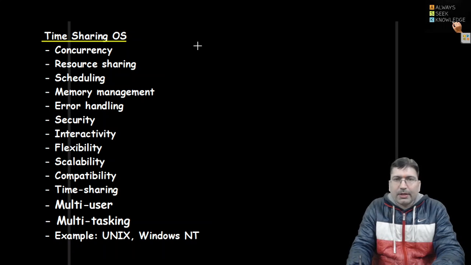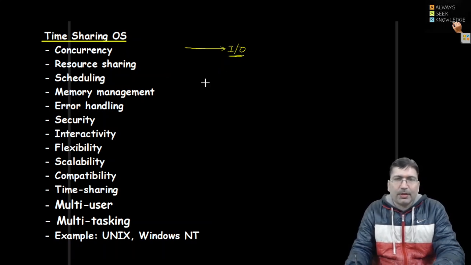Process switching or context switching was allowed only when the executing process released the CPU control and went for IO. So there was less flexibility in that aspect. This drawback has been overcome in the time sharing operating system or multitasking operating system.